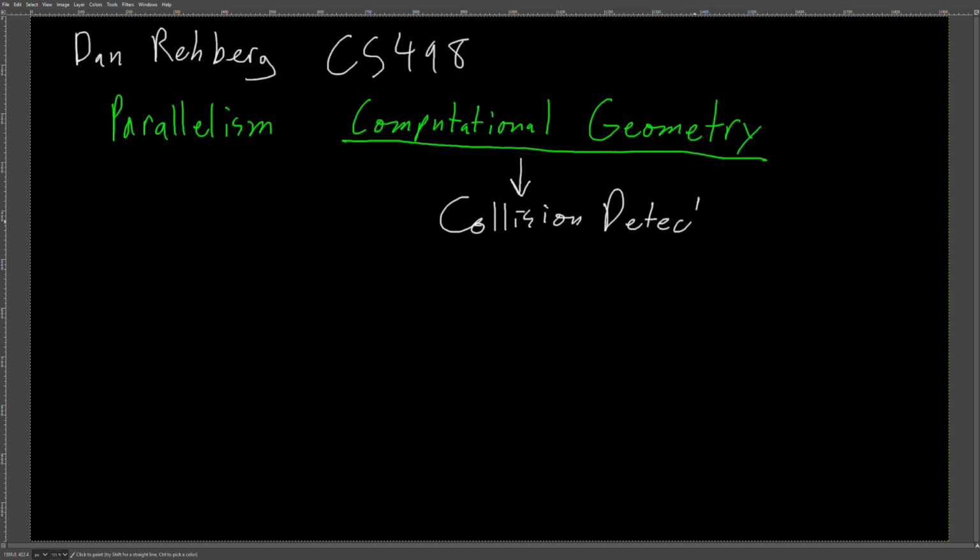Now, it also ends up relying a little bit on computational physics, because we're not just solving a discrete collision problem, nor are we just determining a separation distance between two bodies. We're actually trying to solve for a time of intersection between two bodies by exploiting independent tests that could happen in parallel.